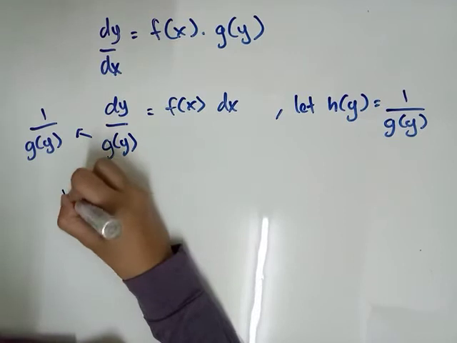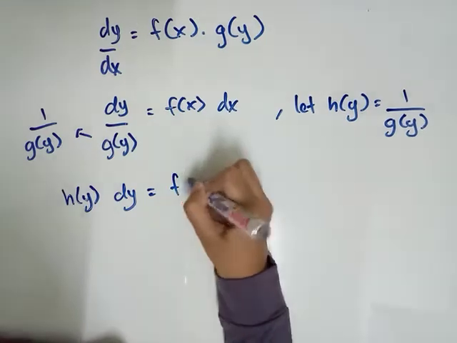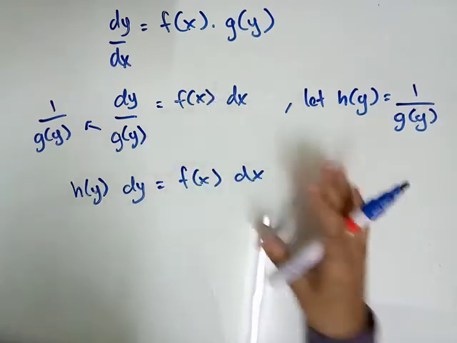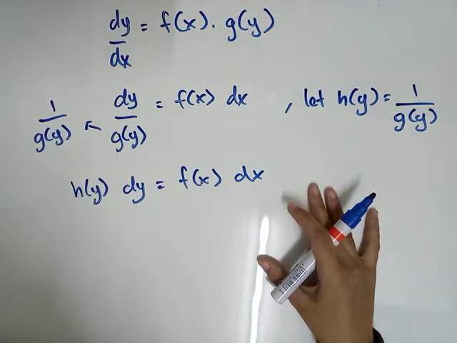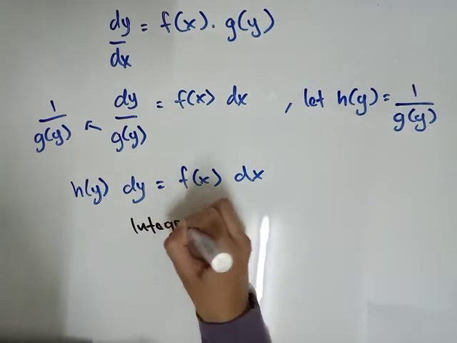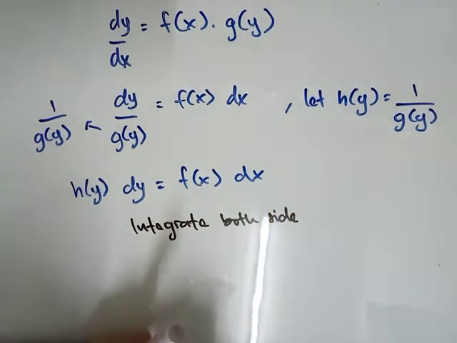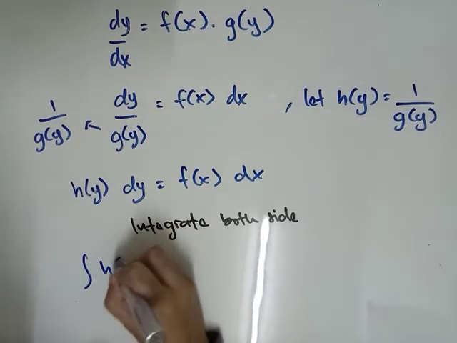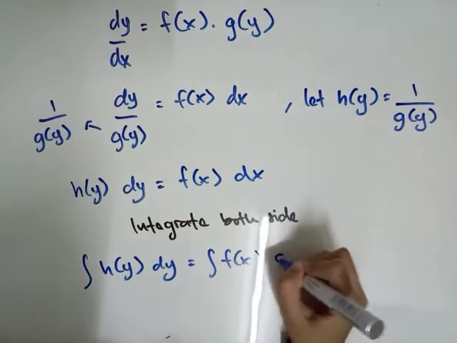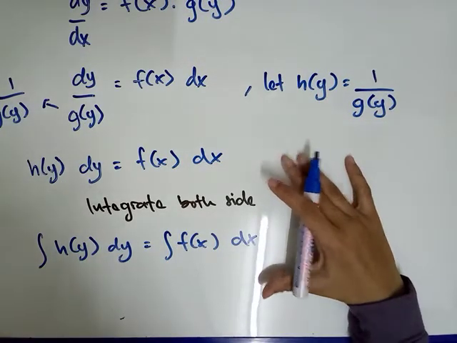So h(y) dy equals f(x) dx. Now kita dah eliminate the denominator. And then what? Integrate both sides. So integrate h(y) dy equals integrate f(x) dx. So this is the method to solve the separable equations.